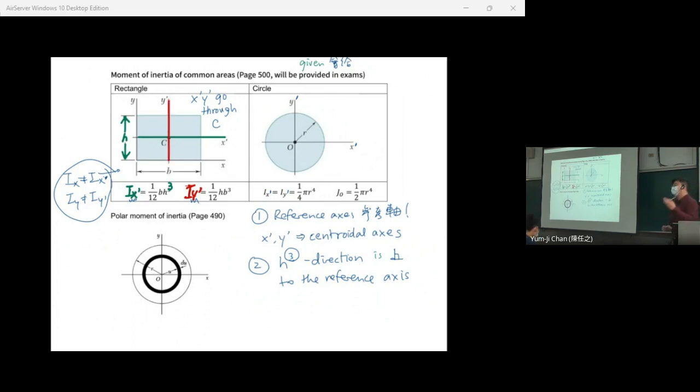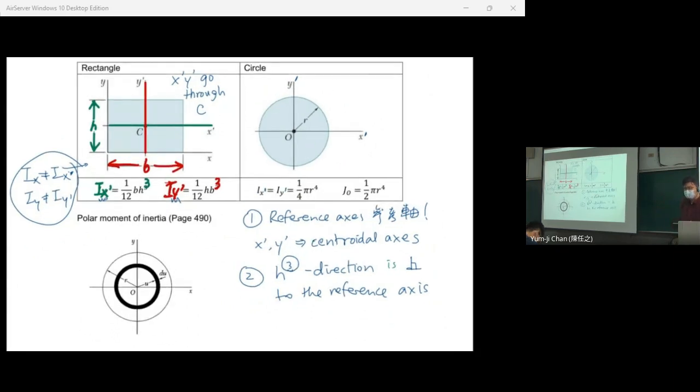Therefore, the direction which has the power 3 is horizontal. So remember, the direction which has the power 3 is perpendicular to the reference axis. We will use these equations on Thursday.